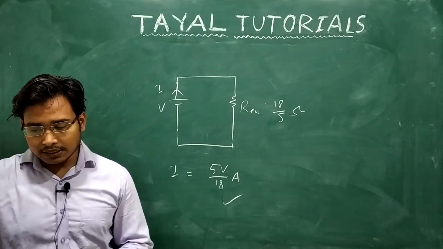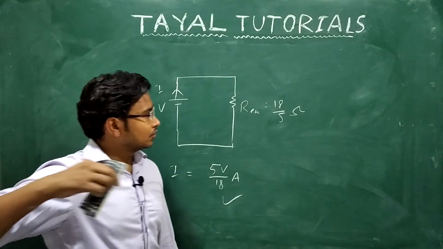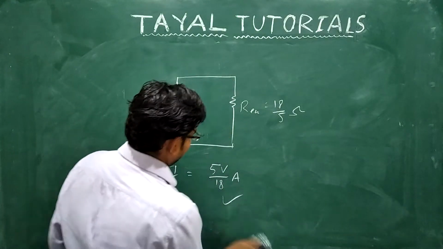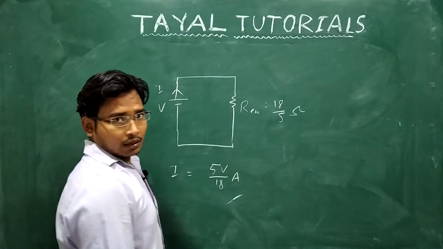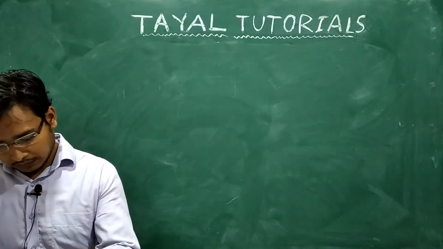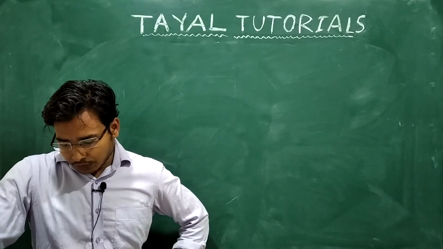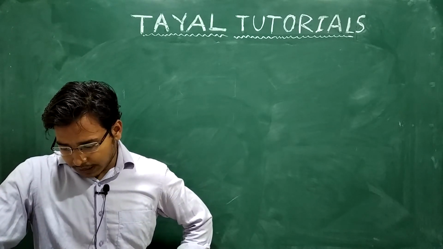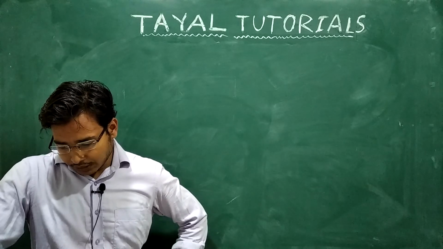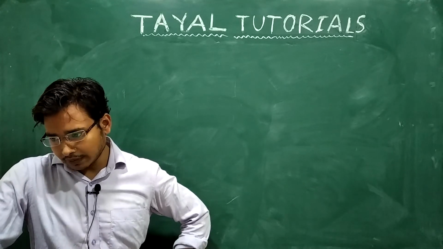Now I am discussing the next question related to your Wheatstone bridge. This is 5 by 18 V. A resistance of 4 arms P, Q, R and S in a Wheatstone bridge are 10 ohm, 30 ohm, 30 ohm and 90 ohm respectively.